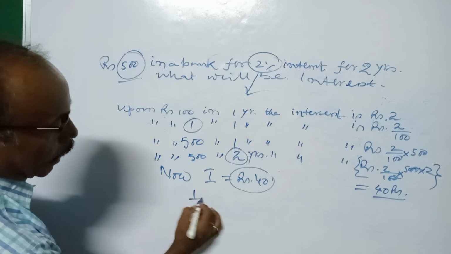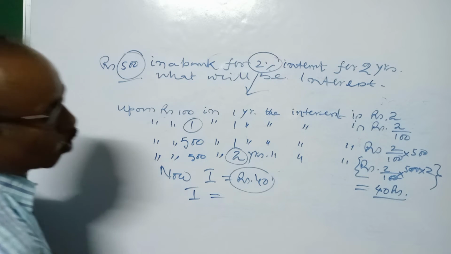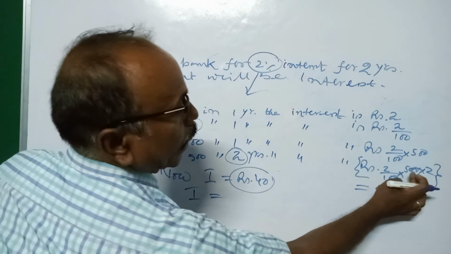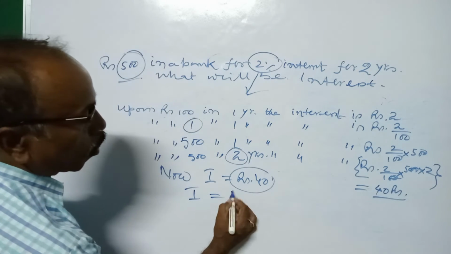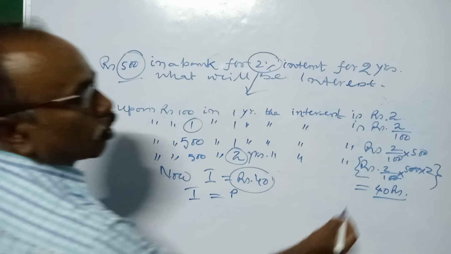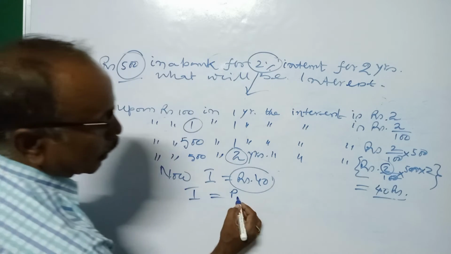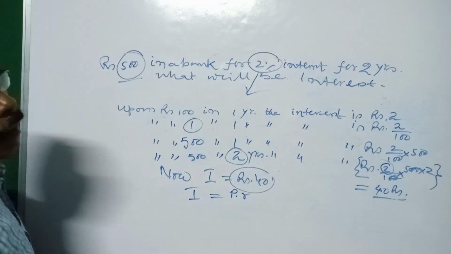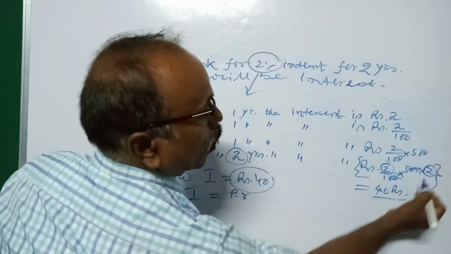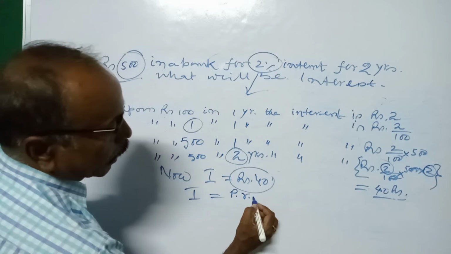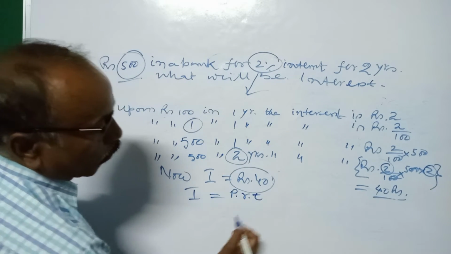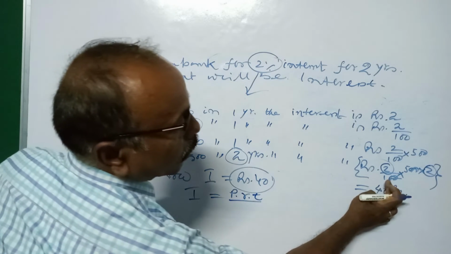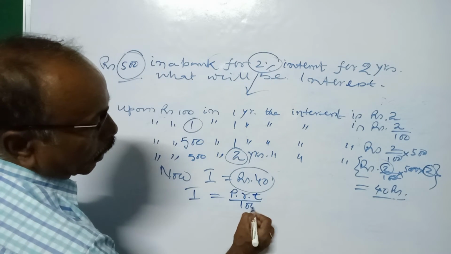Now we can say interest is equal to, you see, here is 500, so it is called P. 2 is the rate of interest, it is called R. 2 is the time period, 2 years, so it is T, and divided by 100 we put here.